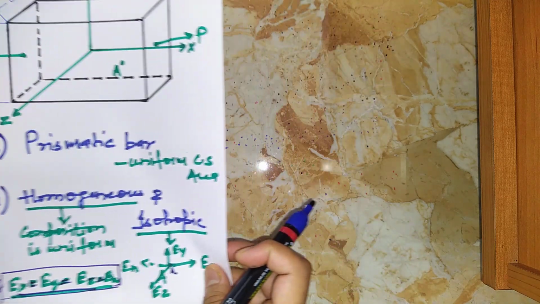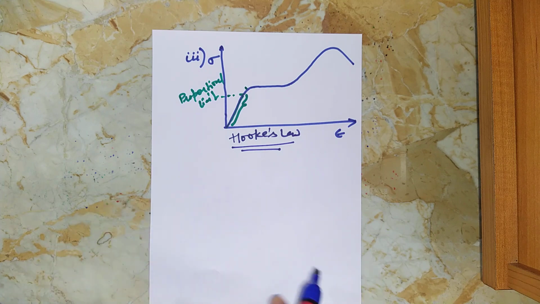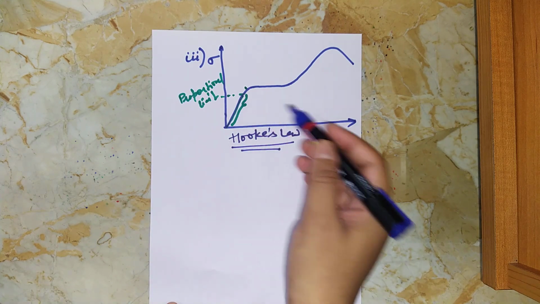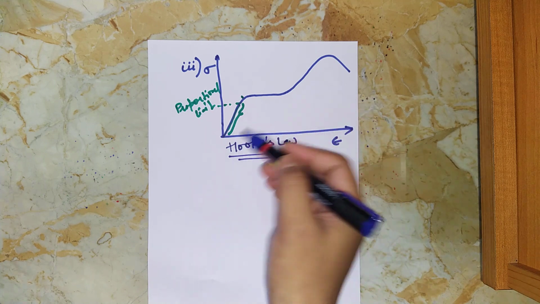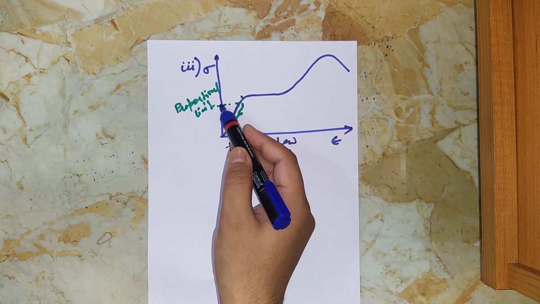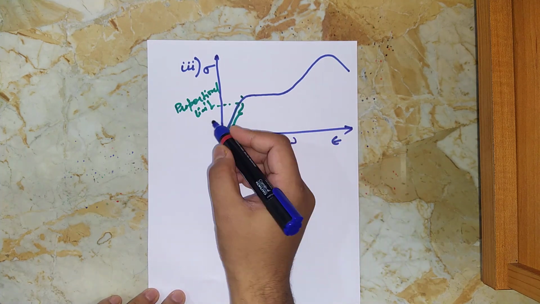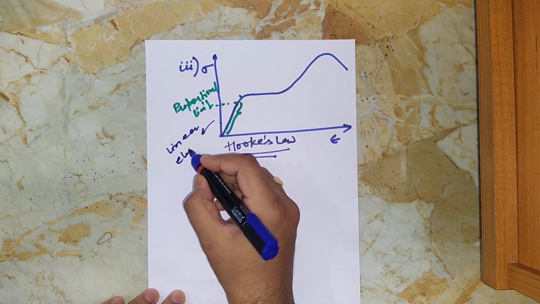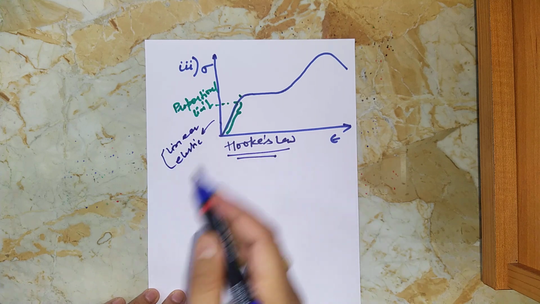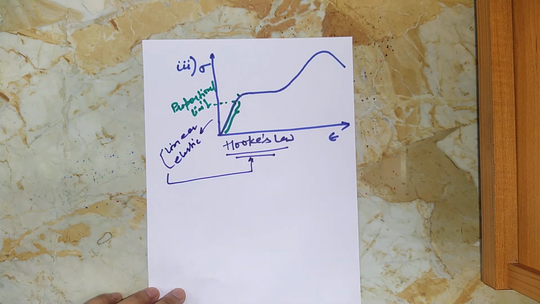The third assumption that we'll take is that we will elongate the material such that it lies in the linear elastic region of the stress strain curve. In the last lecture, I had explained that up to the proportional limit, the body holds the linear and elastic nature, and Hooke's law is applicable.